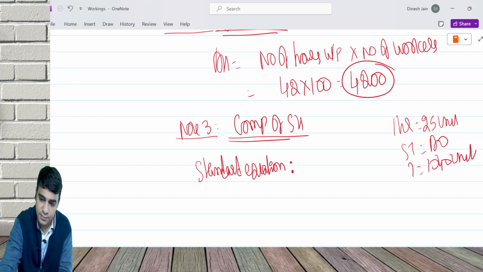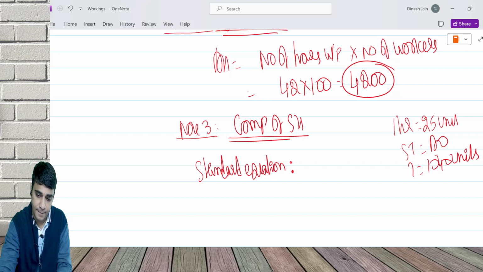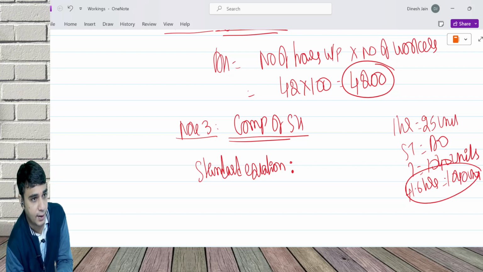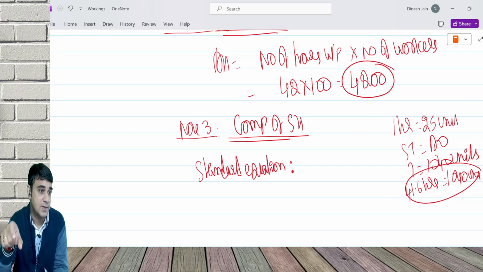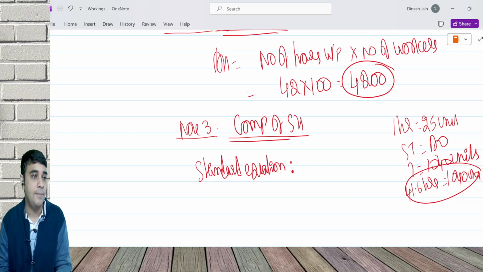Can you tell me the answer? 1 hour equal to 25, question mark equal to 1040. 41.6 hours equal to 1040 units. 41.6 can't be standard time, because when the actual time is 4200, your standard time cannot be 41.6. Very rare scenario, the question could not have been worded properly. When you apply this, if you get an answer like 4000 or something, then please write that directly. No need to do the man hours conversion. That's a very rare scenario. It may come in one question or another.